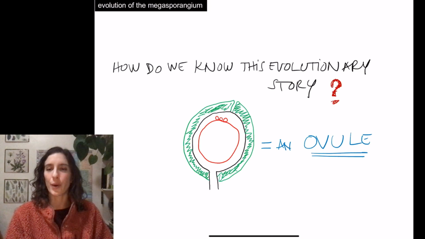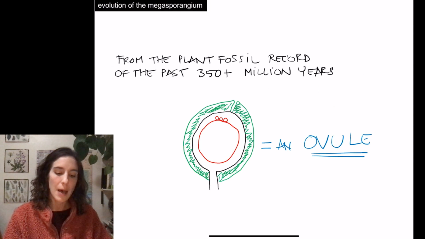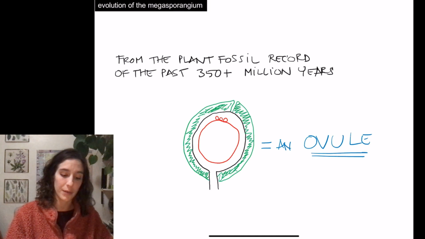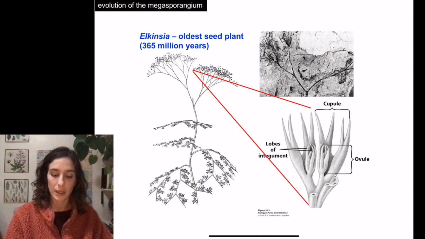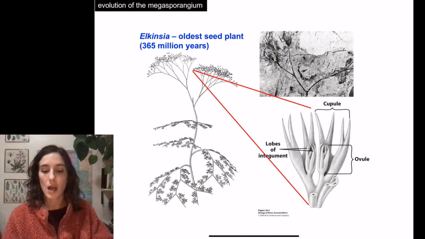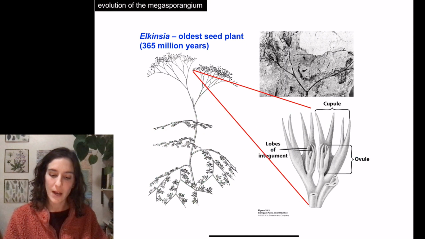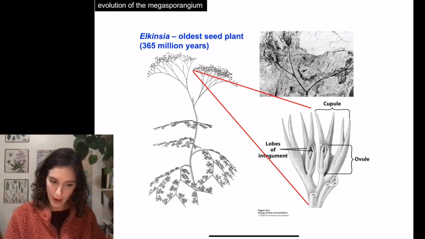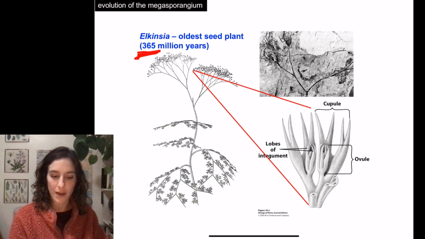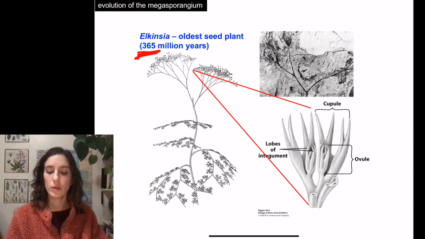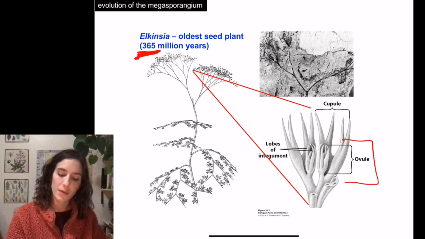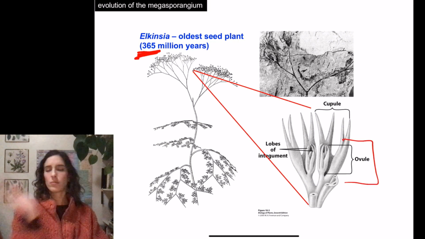First of all, how do we even know that this evolutionary story that I just told you is even true? Well, we actually do have a plant fossil record from about 350 million years ago, and this is a scientific artist's rendition of a fossil that was found that is about 365 million years old. And these might have been some of the earliest ovules.